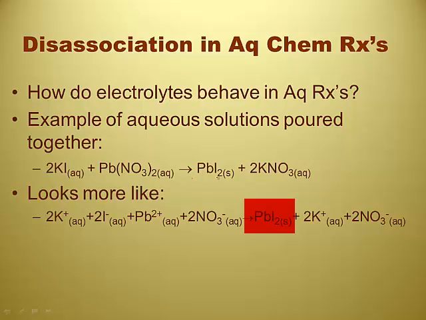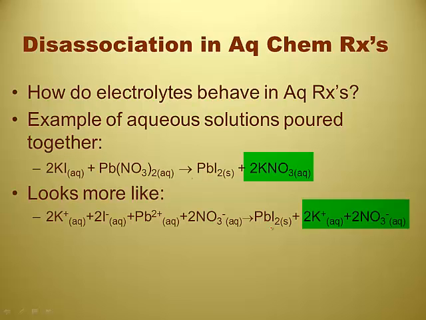That's right. The lead iodide is not soluble, which means it doesn't dissociate. It stays together. You don't have to write the ions because it doesn't turn into ions. You're writing all the strong electrolytes in this line, and lead iodide is not a strong electrolyte because it's not a soluble salt. And then the last two things are the potassium ion and the nitrate ion.